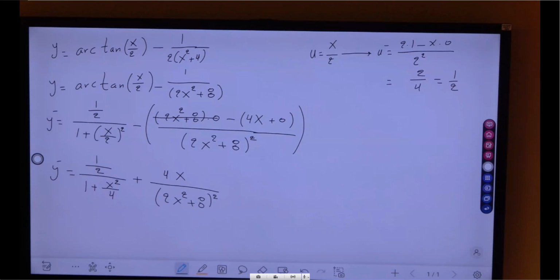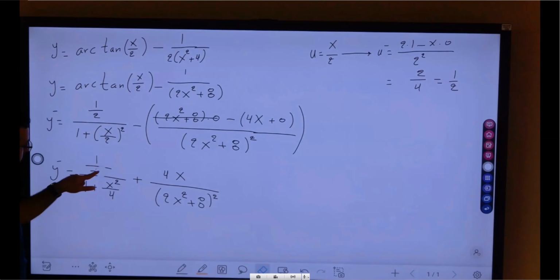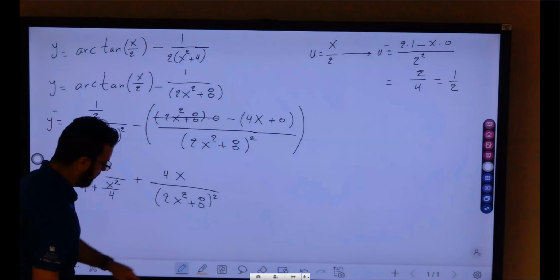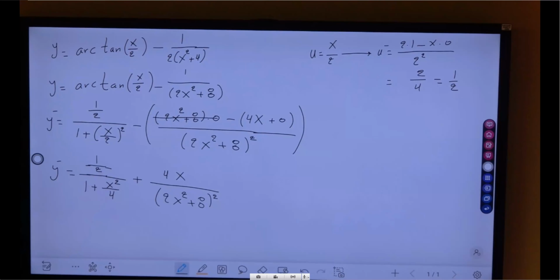Now, what I'm going to do here can cancel out. I'm just checking to see if I did the chain rule, if I still have the same answer. So here, you have to find the common denominator, which is going to be 4, you can cancel with the 2.